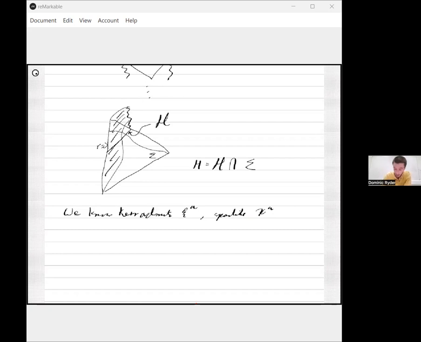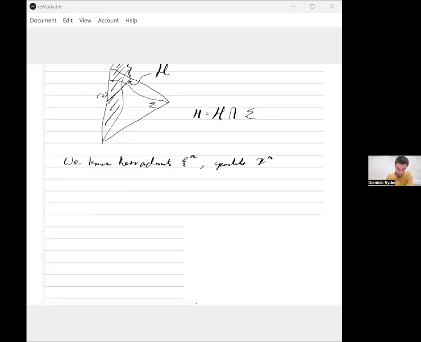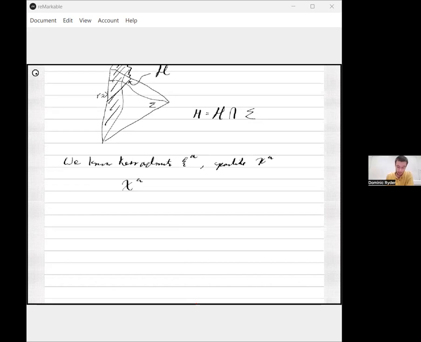I'm not good at history. There's another Killing vector field which is tangent to the generators of the event horizon on the event horizon. And this Killing vector field is chi^a equals xi^a plus omega_H psi^a, where omega_H is interpreted as the angular velocity of the black hole.